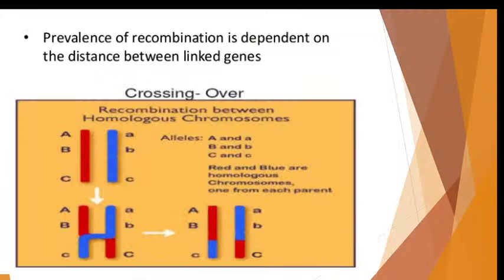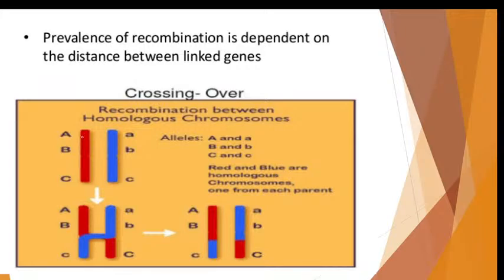The prevalence of recombination is dependent on the distance between the linked genes. So the chance of crossing over between the chromosomes depends on the distance between the linked genes. If the genes are very far from each other, the chance of crossover is very high. That is opposite to that of linkage.